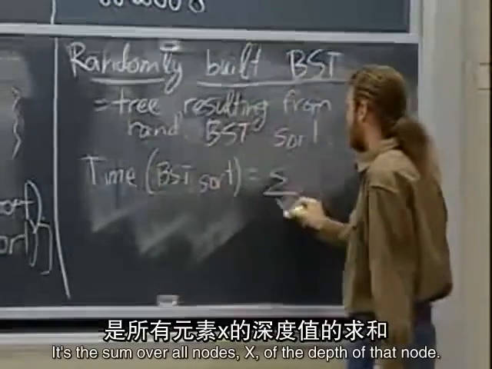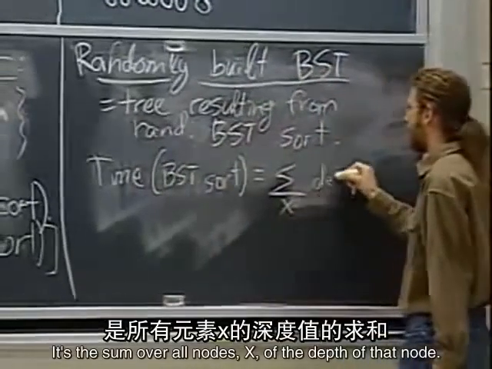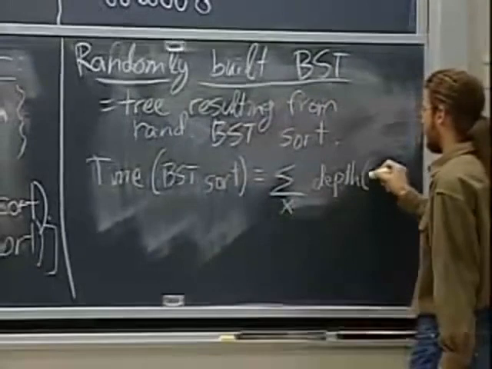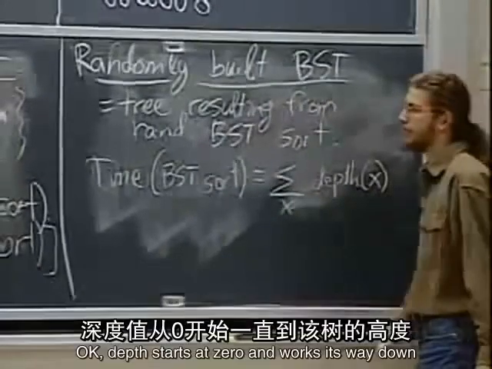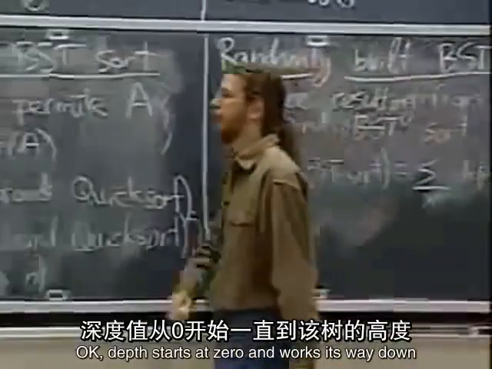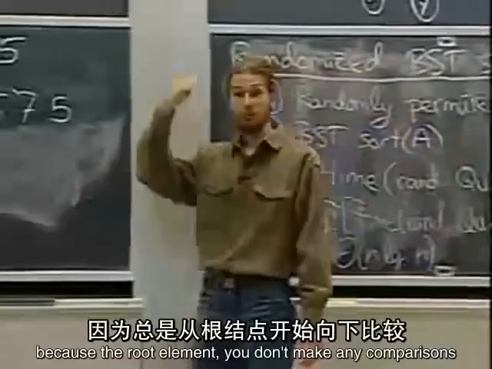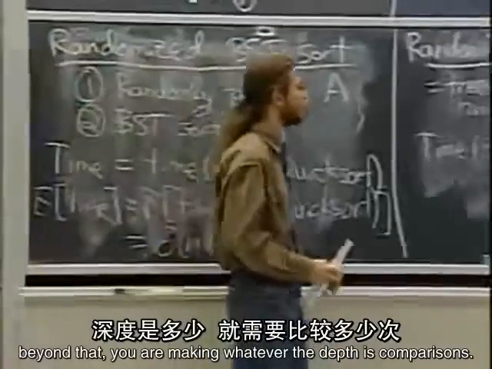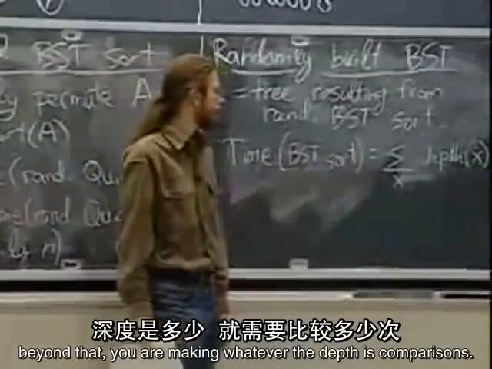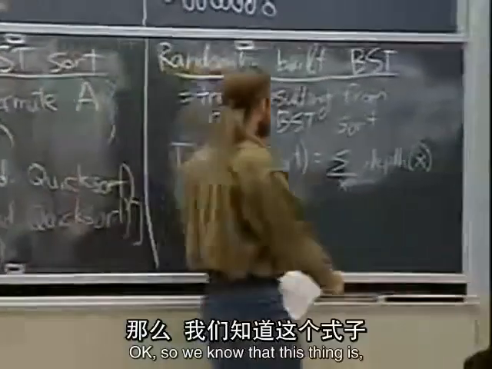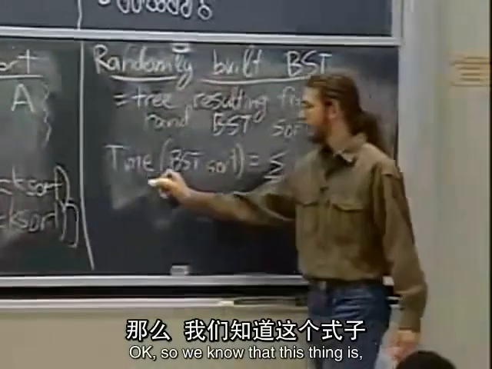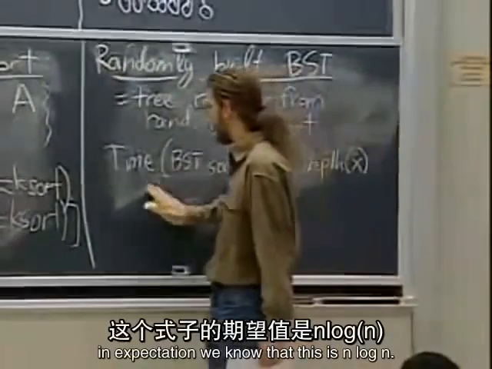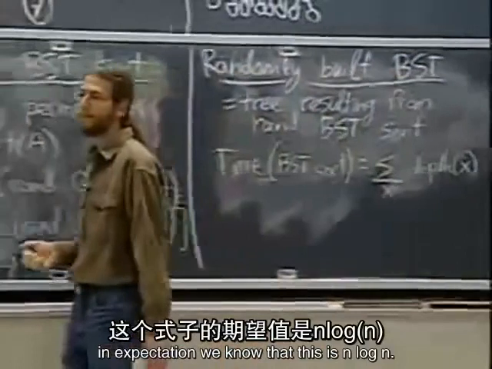It's the sum over all nodes x of the depth of that node. Depth starts at 0 and works its way down, because the root element, you don't make any comparisons. Beyond that, you're making whatever the depth is comparisons. So we know that this thing is, in expectation, n log n.